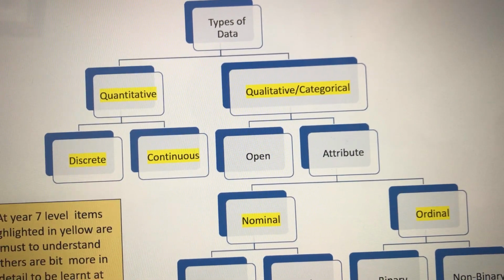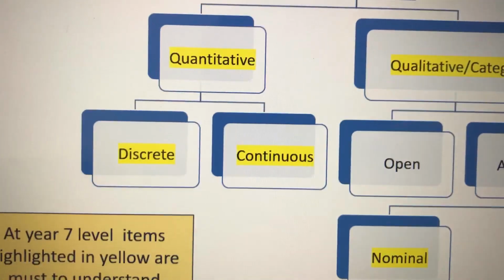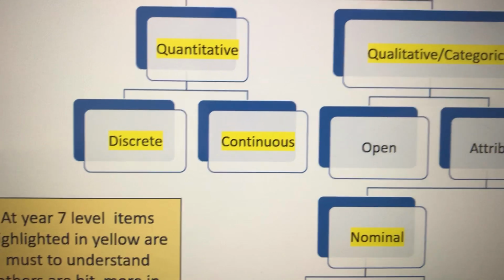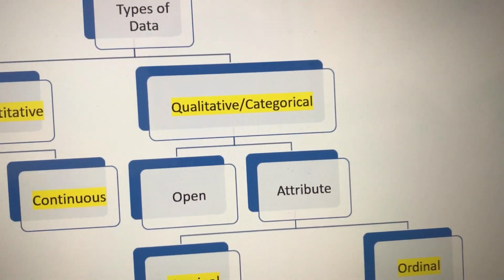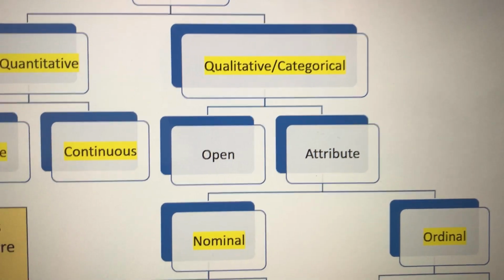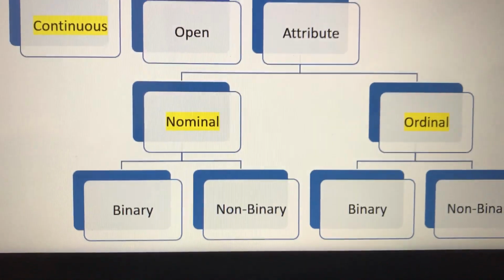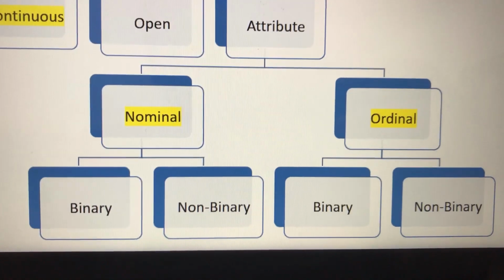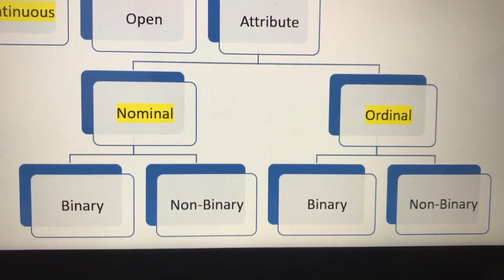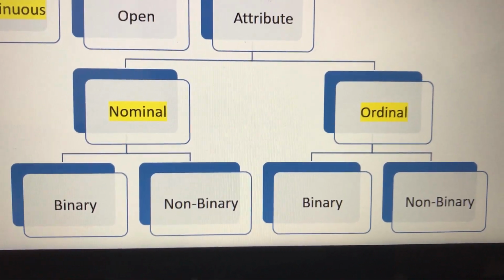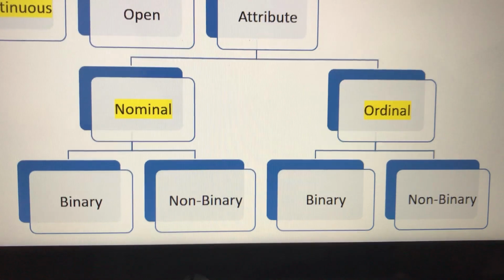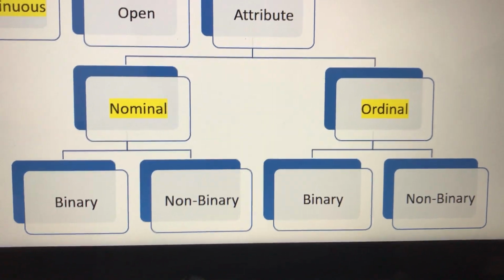I will go into further detail about discrete and continuous a little later. On the other side, qualitative or categorical data can be either open or attribute data. Attribute data can be further classified as nominal or ordinal data, and both nominal and ordinal can be further classified as binary or non-binary each.